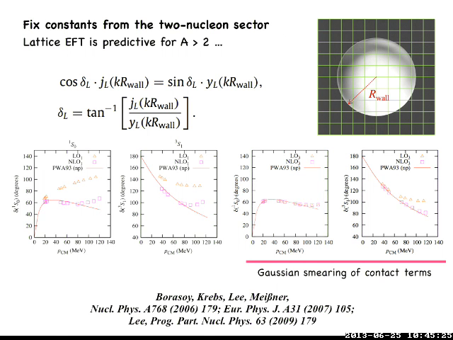At this point we can then do calculations for more than two nucleons, because this allows us to fix these low energy constants.